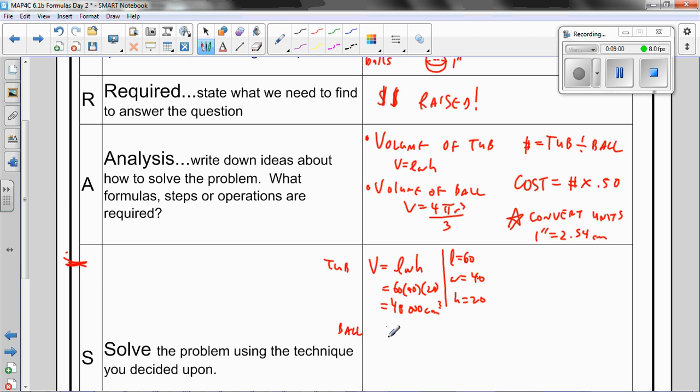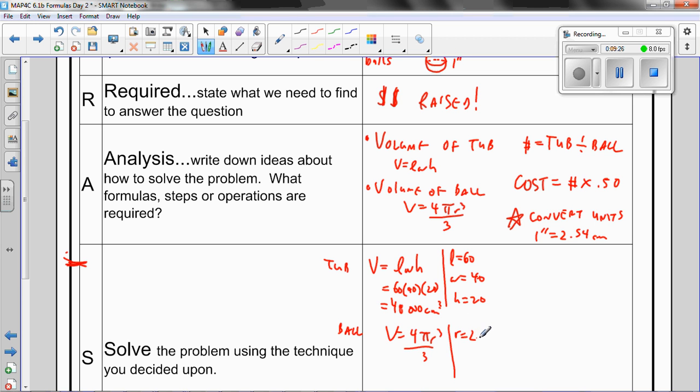Now the volume of the ball is 4/3 pi r cubed. Wrote it down there and then goofed it up. I've just noticed a mistake in my notes: the radius, I wrote it down as 2.54, but that's all the way across that ball.